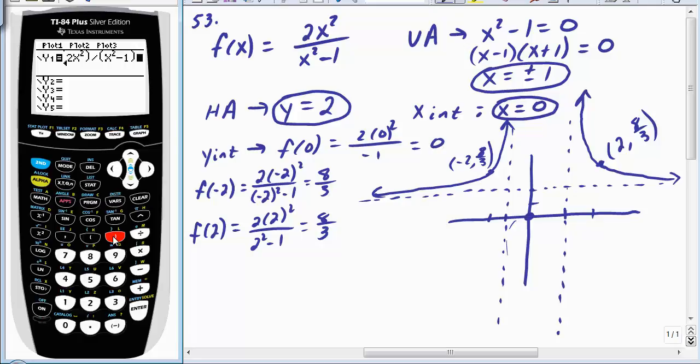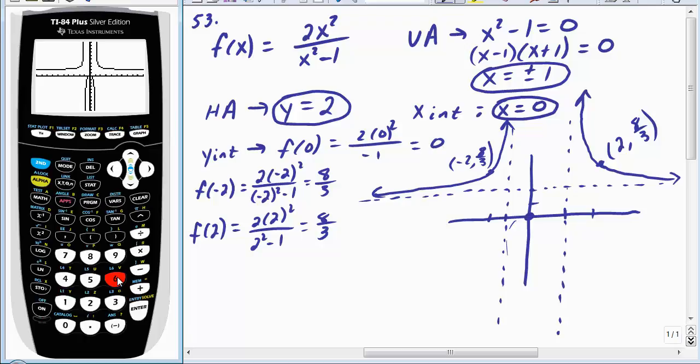Probably a good graph to see this on. I'm wondering if zoom 4 might be better. Zoom 4 is just a little bit smaller graph than zoom 6. And actually, it's sufficient for this problem. Zoom 6 is going to give you a more broad picture of it, which is probably a little bit better in this circumstance.